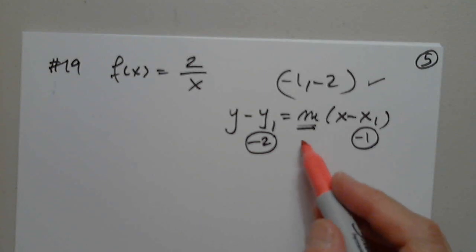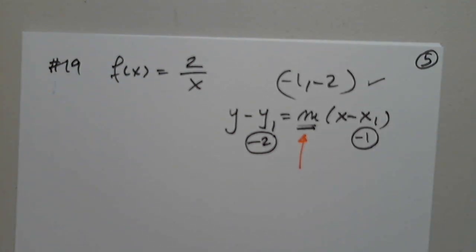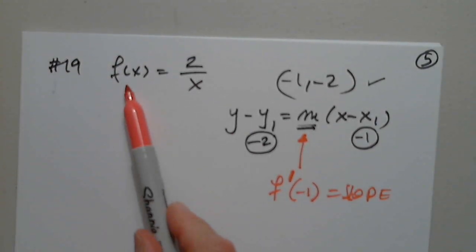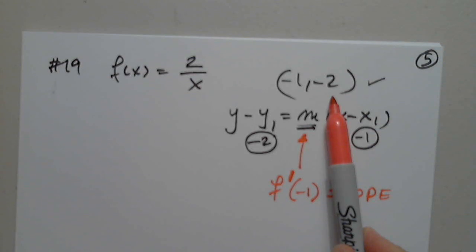How do I find the slope? Well, the slope is f prime at -1. That is the slope. S-L-O-P-E. That is the slope of the tangent line to the graph of this function at this point.